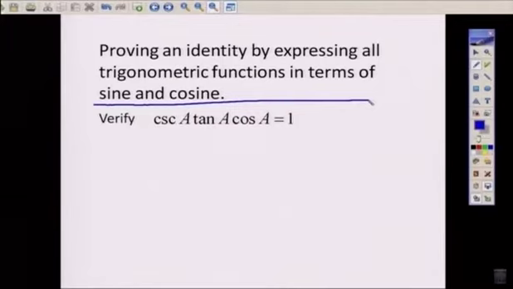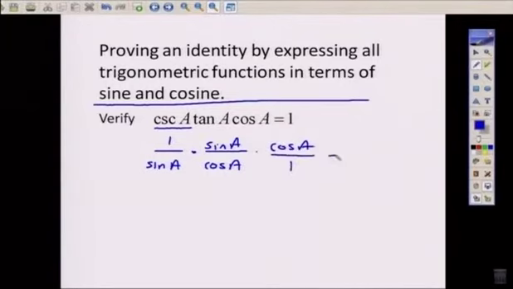So for this identity that we're going to prove or verify, cosecant, if I express that in terms of sines or cosines, I know cosecant is the same as 1 over sine. Sine and cosecant are reciprocals. Tangent, in terms of sines and cosines, is sine A over cosine A. And cosine is already in terms of sines or cosines, so I'm just going to leave it alone.